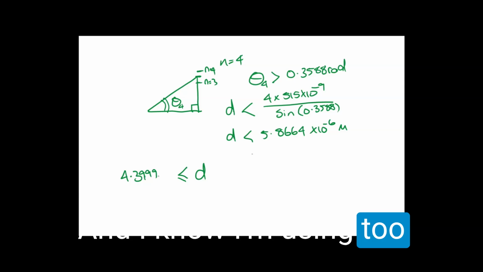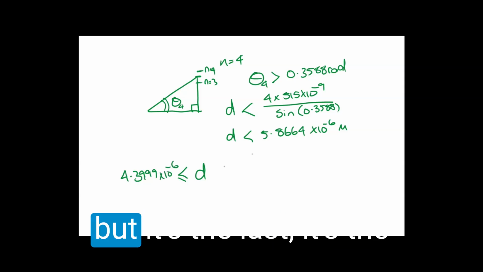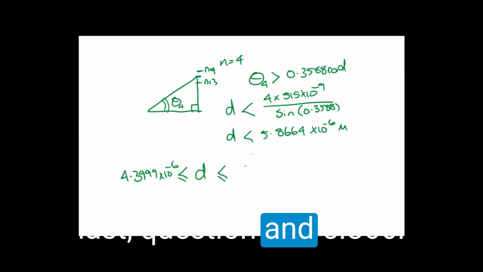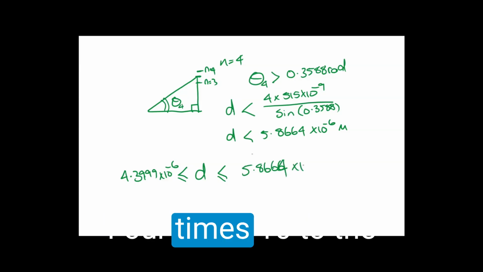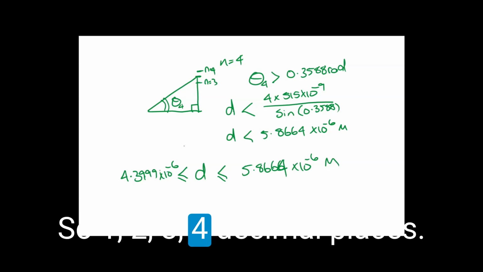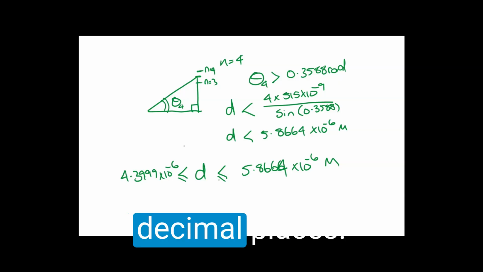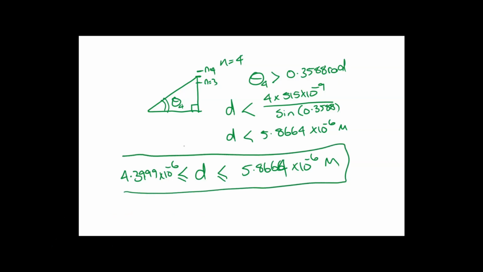And I know I'm using too many digits here, but it's the last question. And less than 5.8664 times 10 to the negative 6 meters. So 1, 2, 3, 4 decimal places. 1, 2, 3, 4. Okay, same number of decimal places. And that is our final answer.